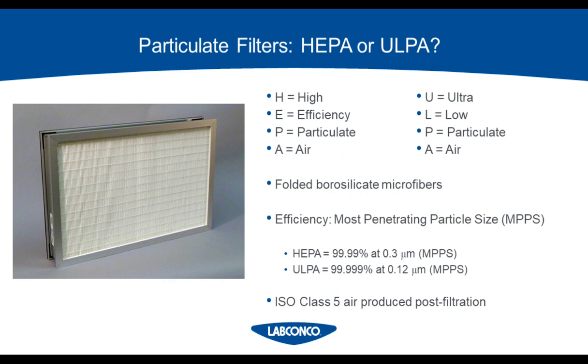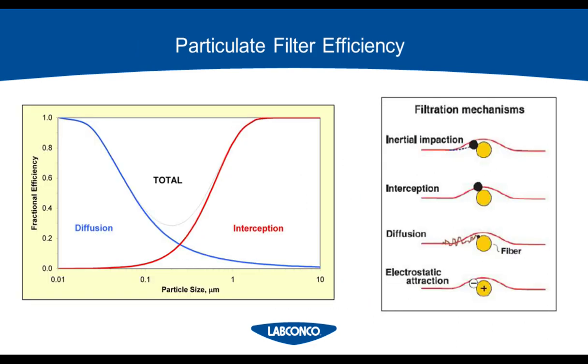If you have a particle size that's larger or smaller than the MPPS value, it's going to be trapped more efficiently within the filter. That's done through a couple of different methods by which particles interact with the filter media: inertial impaction, interception, diffusion, and electrostatic attraction. You can see how particles behave as they run into these filter media. A lot of it is done through interception and diffusion.